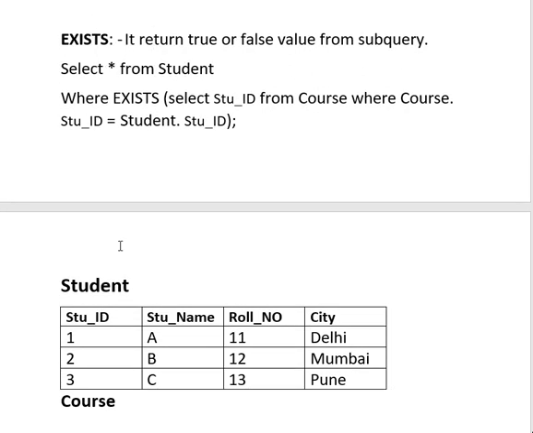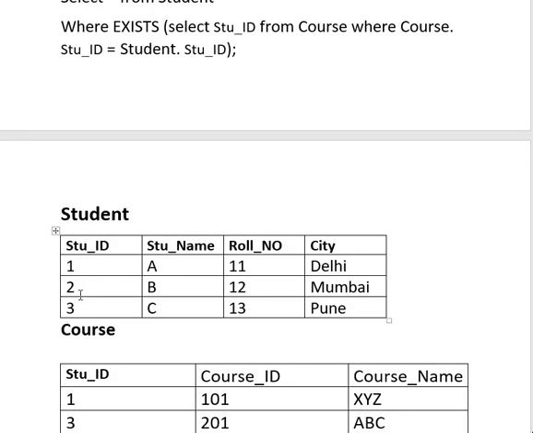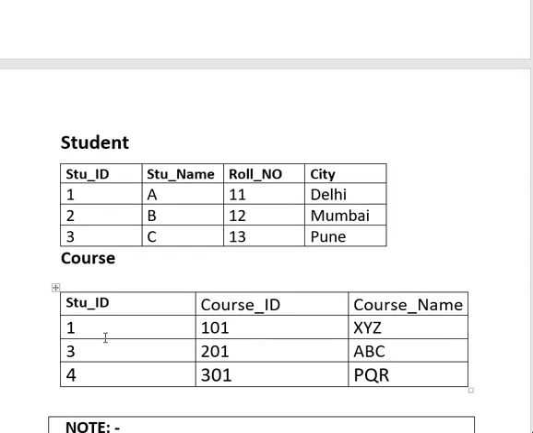Here I select *, so it's going to give me the complete row. And again it will check for the second student ID: does it exist in my inner query? The second does not exist, it's false, so it's not going to give me any result. Again it will check the third, yes it exists in the inner query, so it's going to give me this complete row.